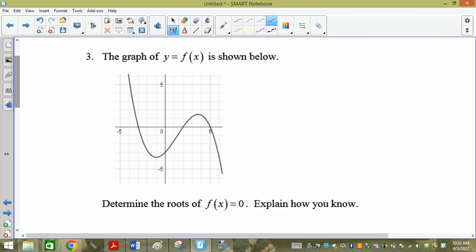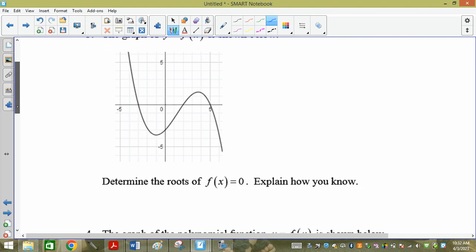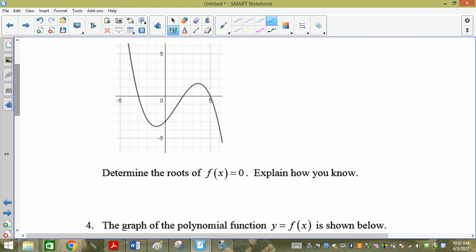Here's a graph. I want the equation. I don't know if you can see this. This is -3. This is 3. This is 2. This is 5.